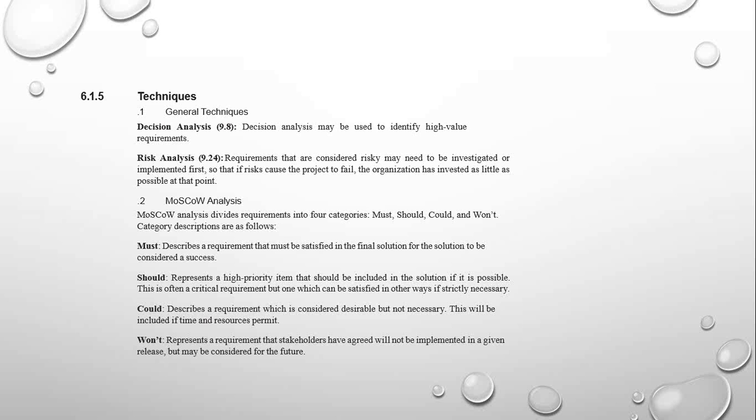Should represents a high priority item that should be included in the solution if it is possible. This is often a critical requirement, but one which can be satisfied in other ways if strictly necessary. It is something like this: if I say you must eat, there is no room for that. No matter what happens, you have to eat.